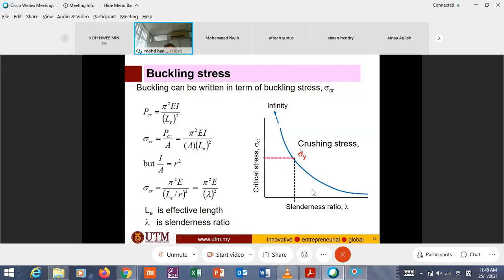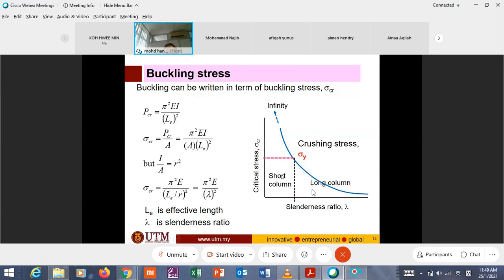Therefore, this curve is only valid for a long column and not valid for a short column, because this formula is for buckling, not for crushing.